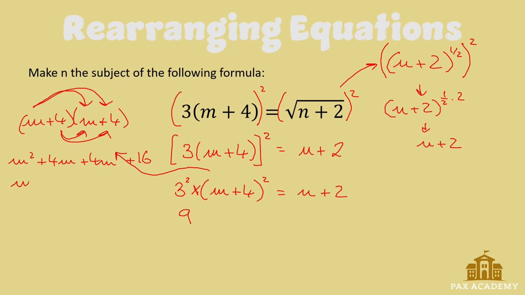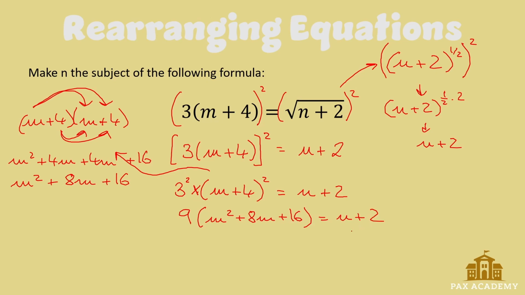And if we simplify, we get m squared plus 8m plus 16. So this is what (m plus 4) squared is equal to. So therefore we get 9 times (m squared plus 8m plus 16) is equal to n plus 2.